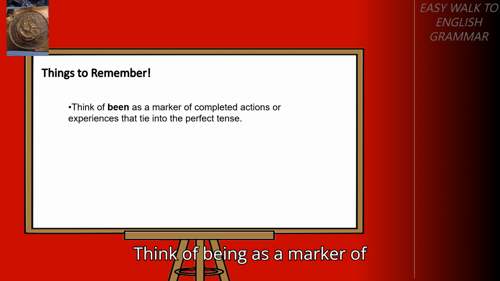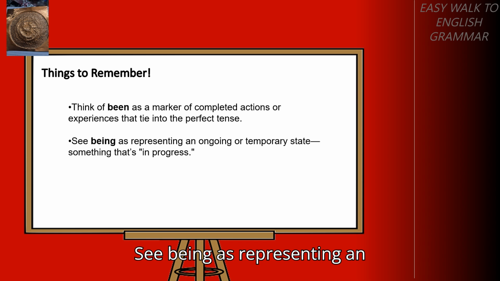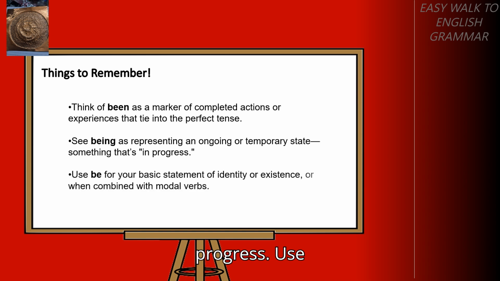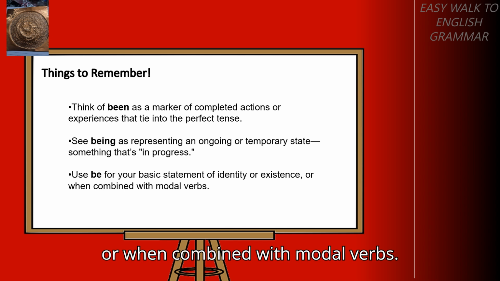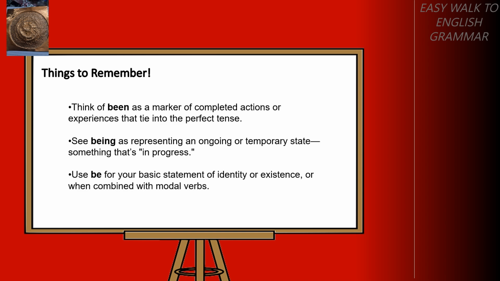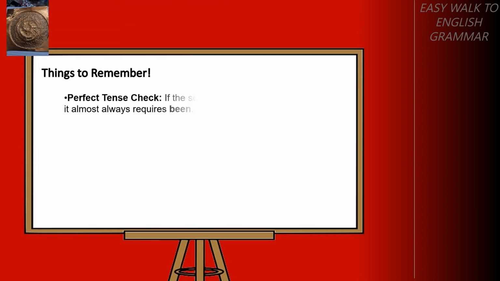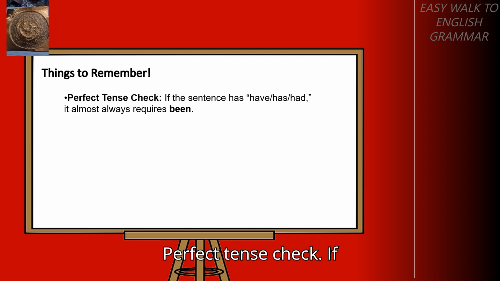Think of been as a marker of completed actions or experiences that tie into the perfect tense. See being as representing an ongoing or temporary state, something that's in progress. Use be for your basic statement of identity or existence, or when combined with modal verbs. Perfect tense check.